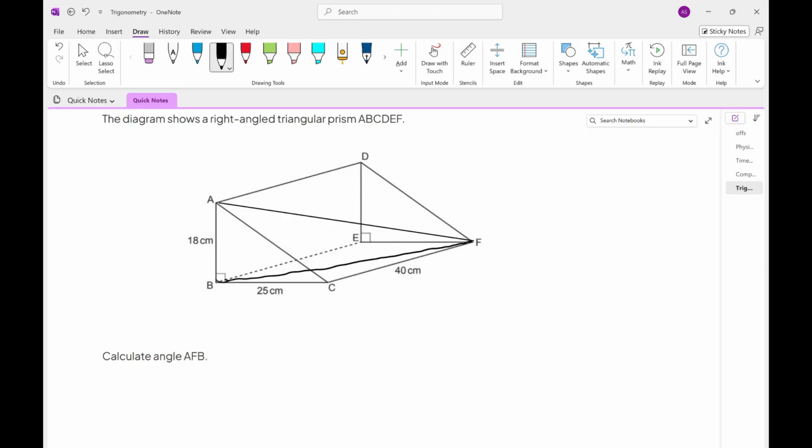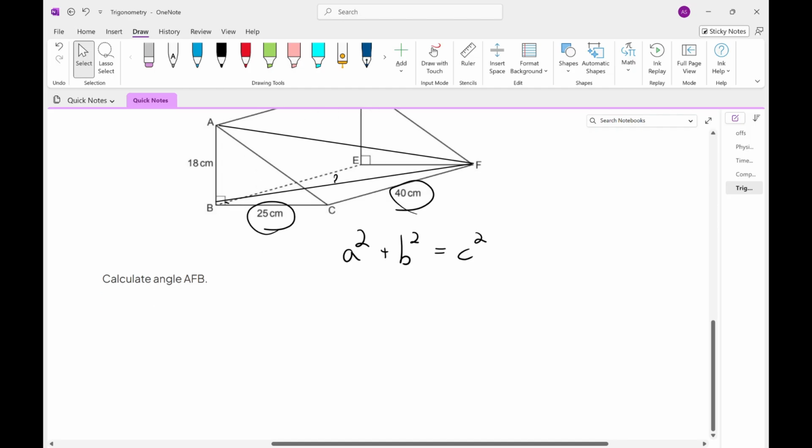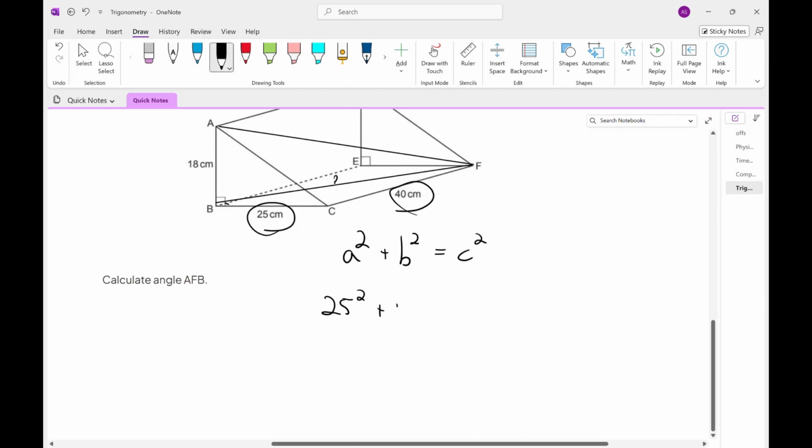So we have AFB. Now, what is this question giving us? It's giving us these 2 side lengths. So what are we going to do with these 2 side lengths, with 40 and 25? We need to find the hypotenuse here. So we're going to use our Pythagoras, a squared plus b squared equals c squared, to give 25 squared plus 40 squared equals c squared. 25 squared plus 40 squared is giving us 2,225.